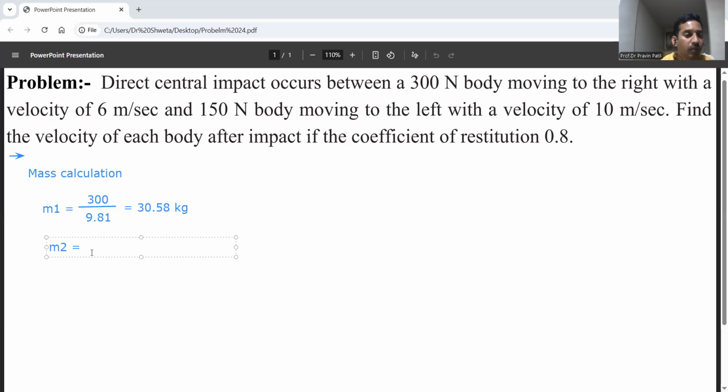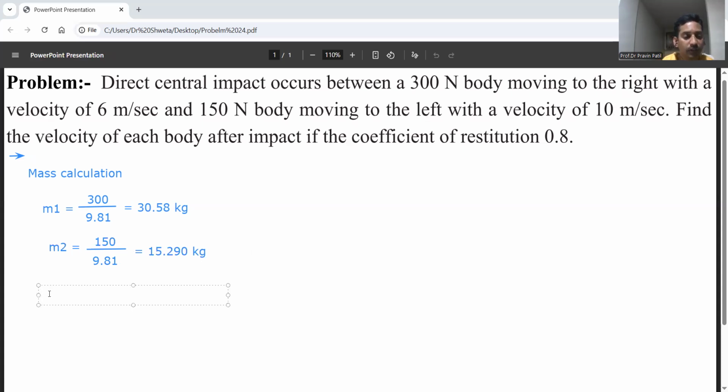That is 150 divided by 9.81, which is 15.290 kg.